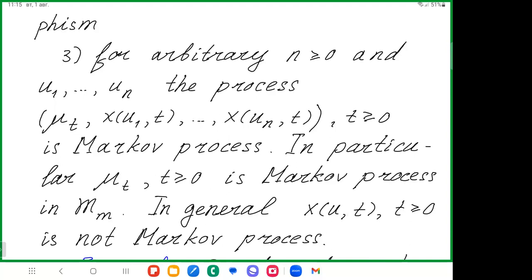Of course, it looks like, and it is true, that the motion of this one particle is a Markov process.